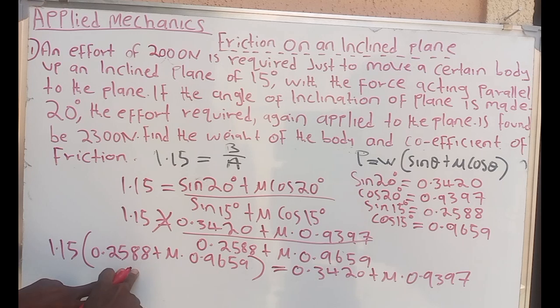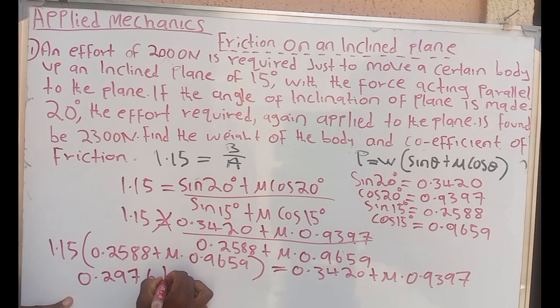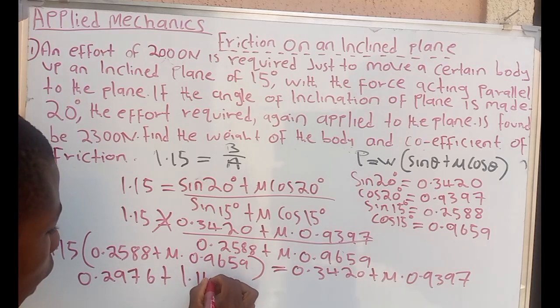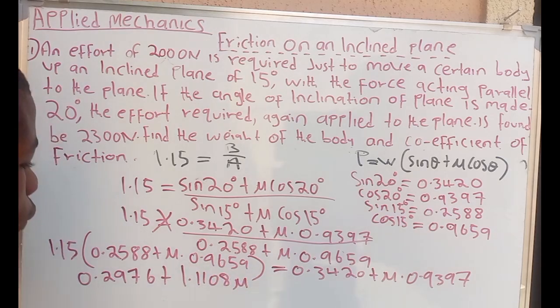So if we multiply 1.15 by 0.2588, we'll end up having 0.29297, plus 1.15 multiplied by 0.9659 mu, which gives 1.1108 mu.